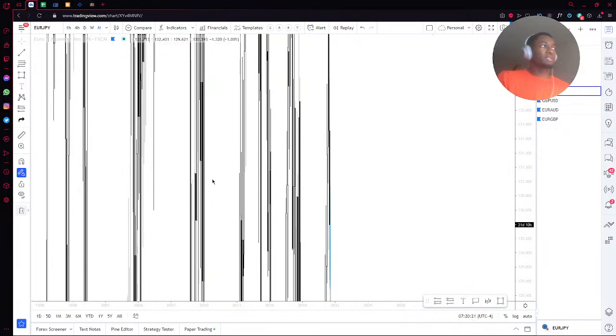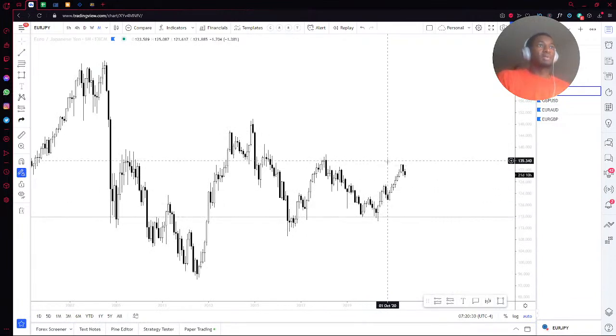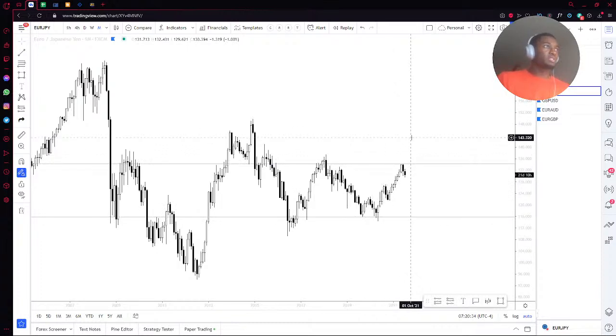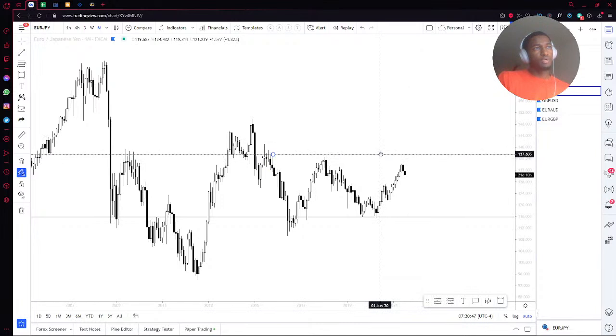I'm going to delete everything and start on the monthly time frame. Box price in here, we're going to set that as our new high at the moment. We don't have a significant push off that level. Yeah, I'm not going to set that as a high.